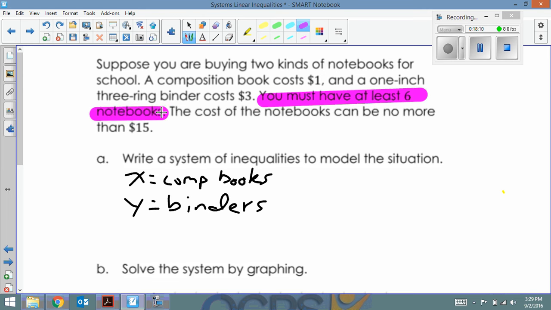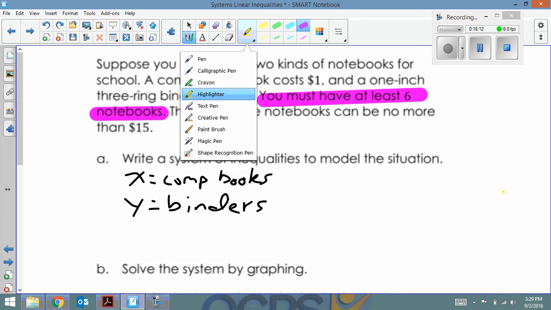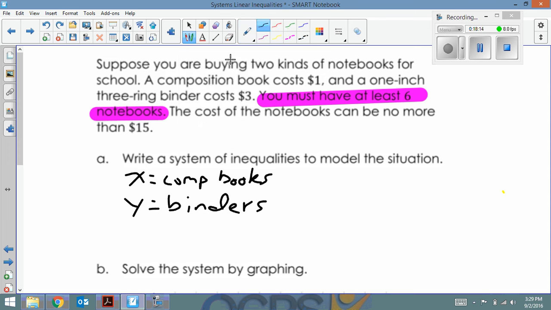So that's simply going to be x plus y, and it says you have to have at least. At least means more than, greater than or equal to 6. Then the second part we have to deal with is the money.